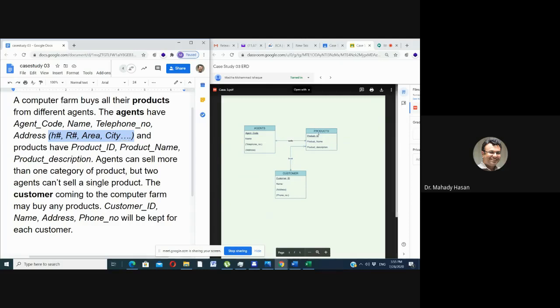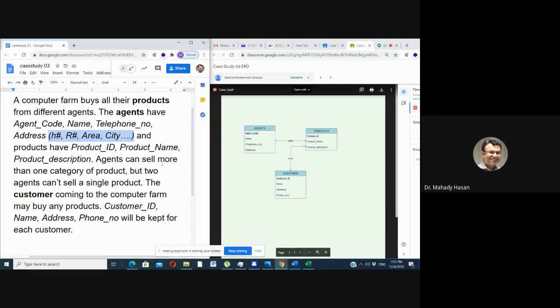That means one product would be sold by only one agent. So that's why you have 1 here. Now the cardinality constraint. The cardinality constraint is optional. You are saying this is mandatory from both sides. If someone is an agent, that means they should be selling something.